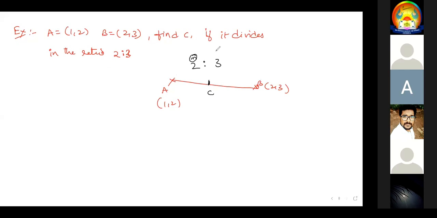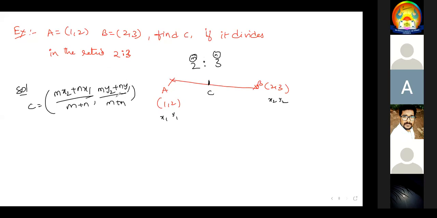That means this is the m value, this is the n value, this is x1, this is y1, this is x2, this is y2. Please calculate that point using the formula (m x2 plus n x1)/(m plus n), and similarly for y. And here we should mention clearly internally. Please calculate and say that point.